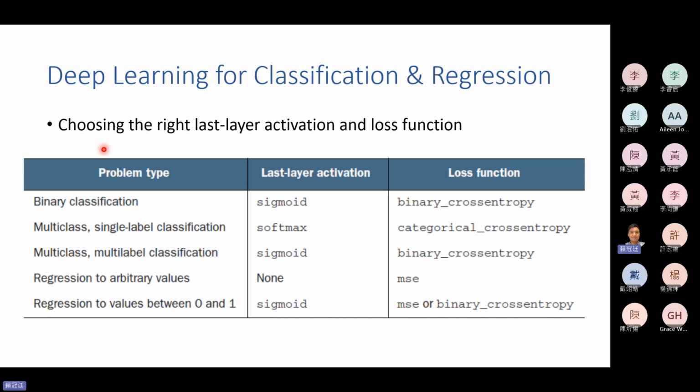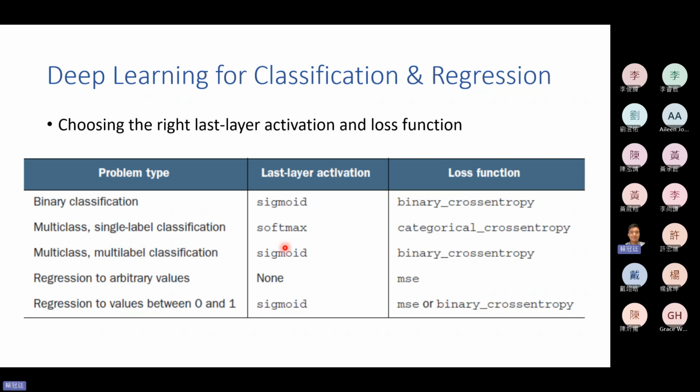So yeah, I should remove this page. But for deep learning, here is the last layer activation function. For binary classification, as we have seen, in deep learning we use sigmoid as the activation function. It's a logistic regression, right? And you can use binary cross entropy.